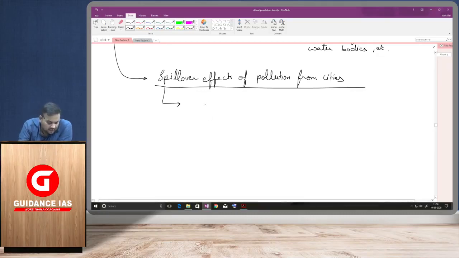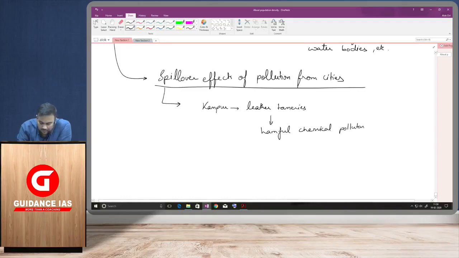Like take the case of Kanpur, which has lots of leather tanneries, and these leather tanneries release lots of harmful chemical pollutants. They would enter river Ganga.